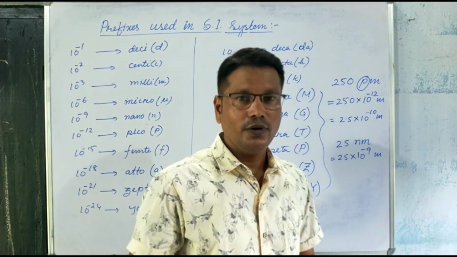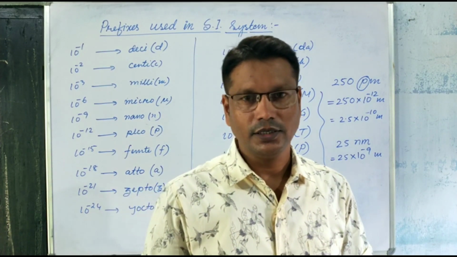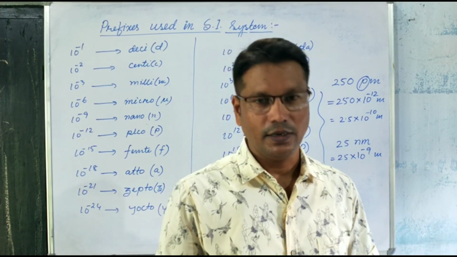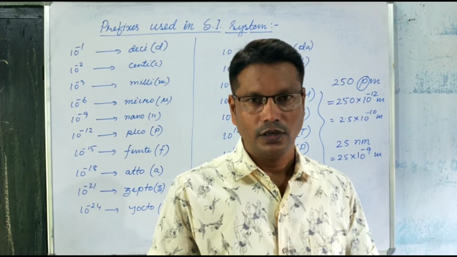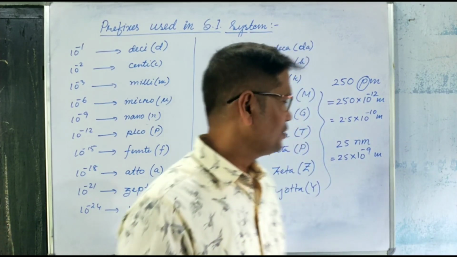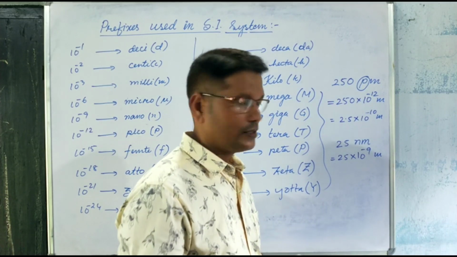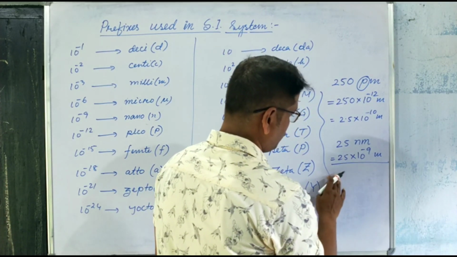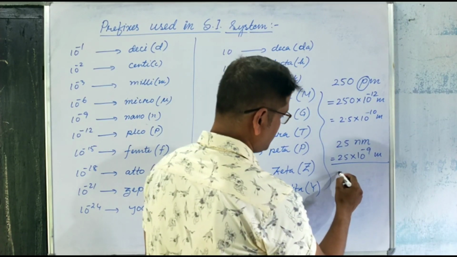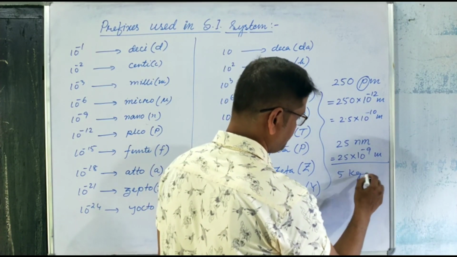Similarly, we use kilogram, is it not? Sometimes we use millimeter, we use centimeter, is it not? So practically we have used this. Suppose the weight of a substance is 5 kilogram.